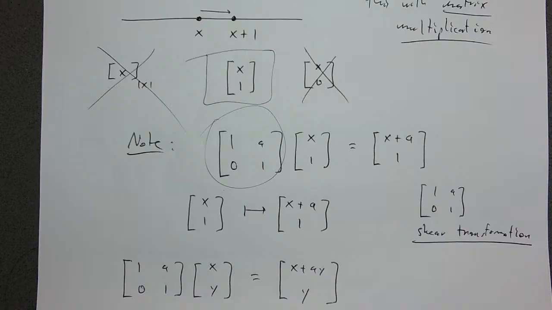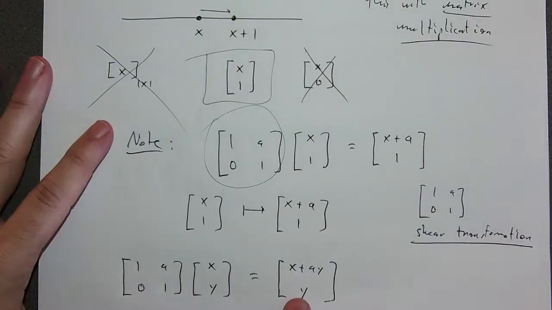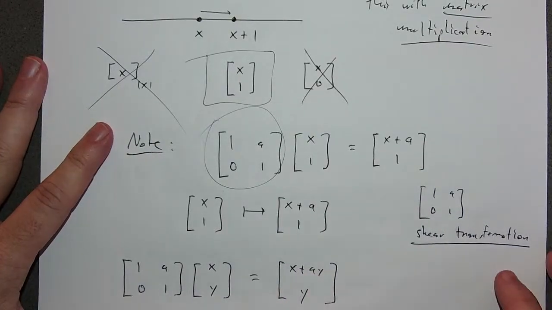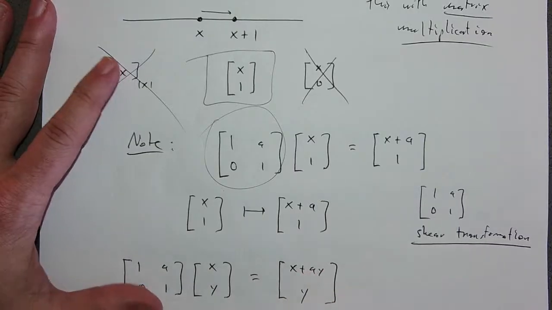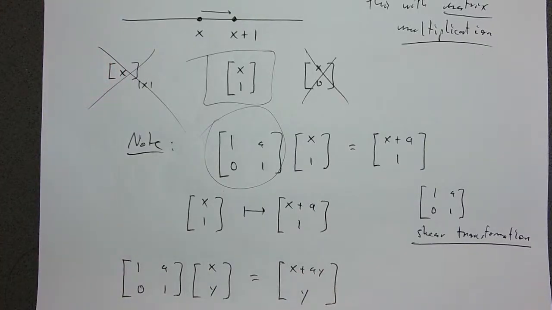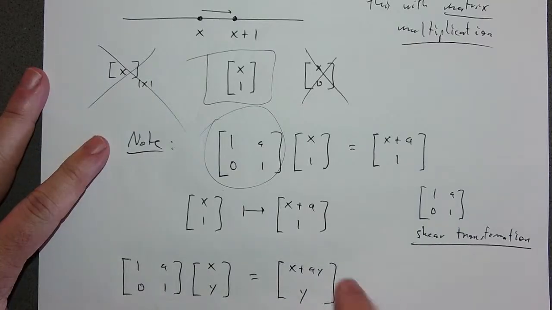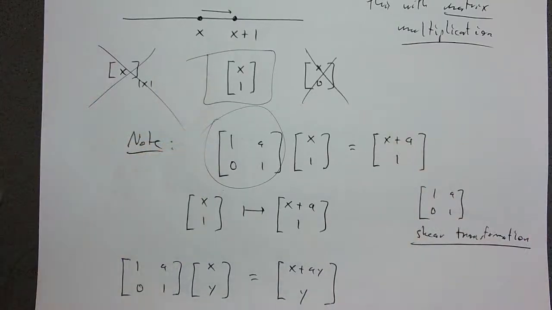This is going to move, depending on whether a is positive or a is negative, either to the right or to the left. It moves to the right by a units, or to the right by minus a units, which is moving to the left.